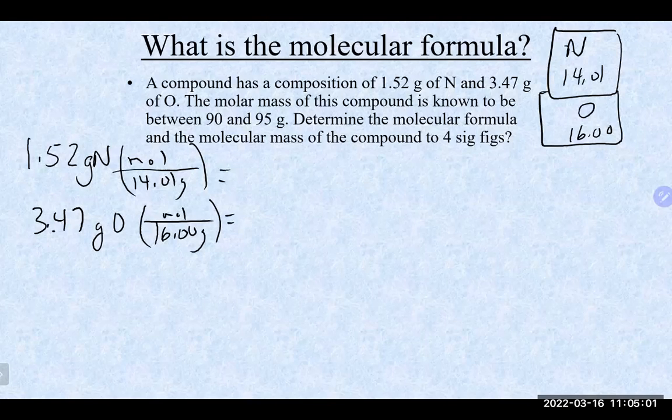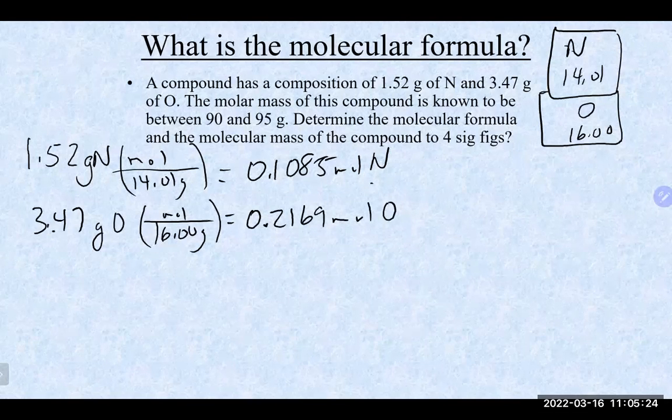And that gets us, 1.52 divided by 14.01, 0.1085 moles of nitrogen. 3.47 divided by 16, 0.2169 moles of oxygen. In this case, just like before, we're going to divide by the smallest, which looks like it is the nitrogen in this case.